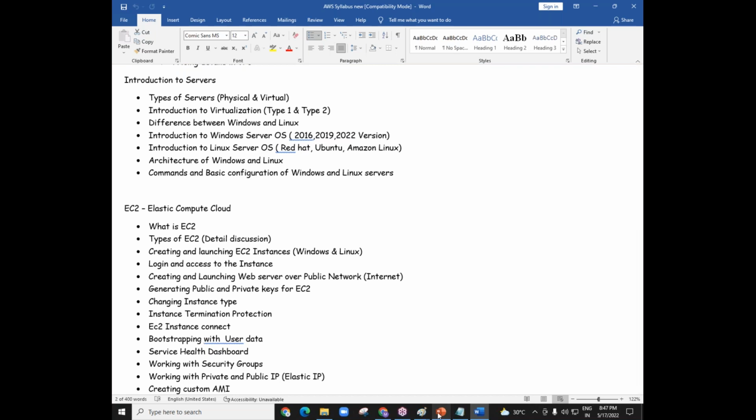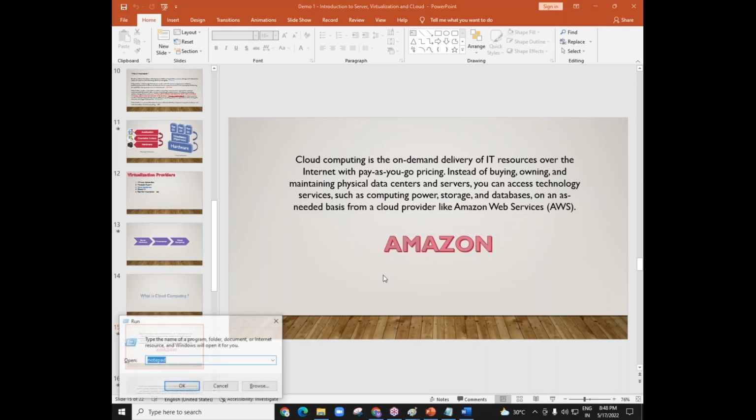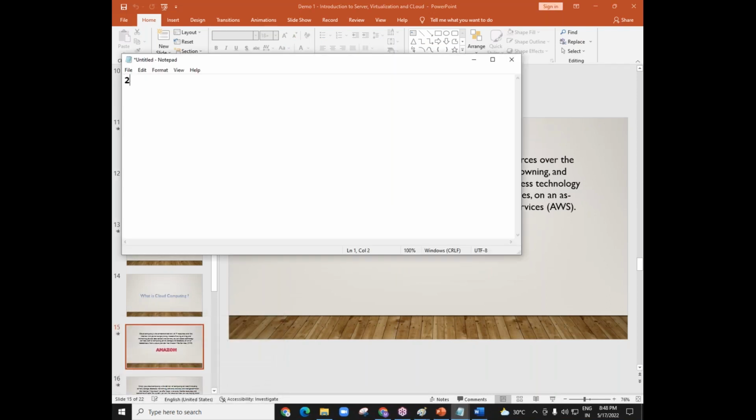What is cloud computing? Running our applications over the internet on some other data center is cloud computing. Okay, we are in the year 2022 now. Suppose, imagine the year is, let's say, 2014. In 2014, if you ask me where whatever web servers or applications running over the internet are running, I would have said the majority of servers were running on physical servers.